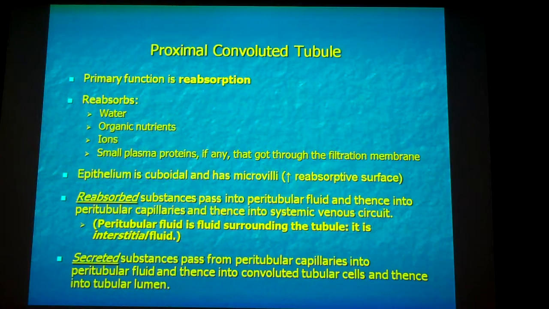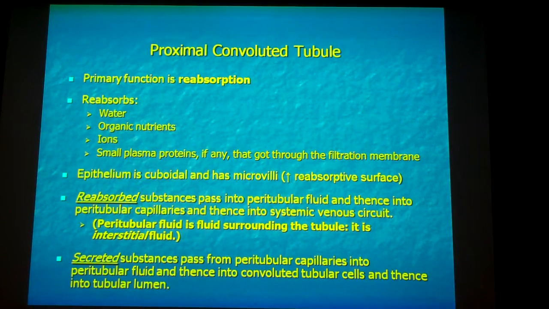Now you say, I thought that the plasma proteins were too large to get through the filter. Most of them are. But some of them are small plasma proteins, aren't they? So sometimes some of the small ones can get through and pass into the proximal convoluted tubule.